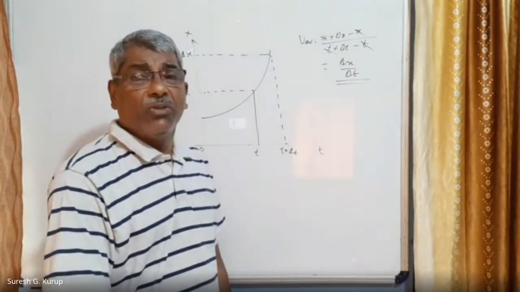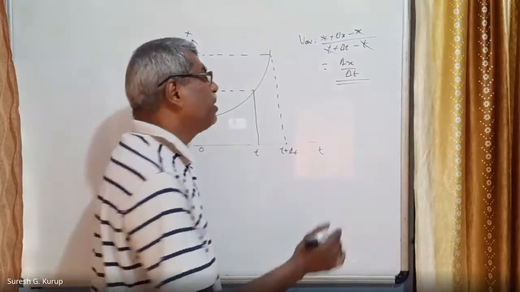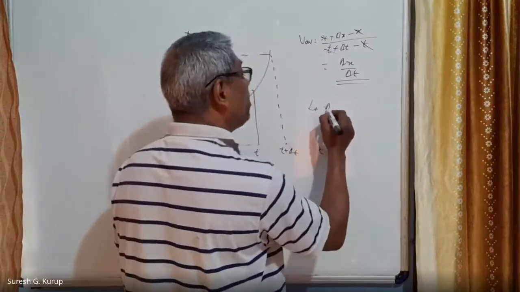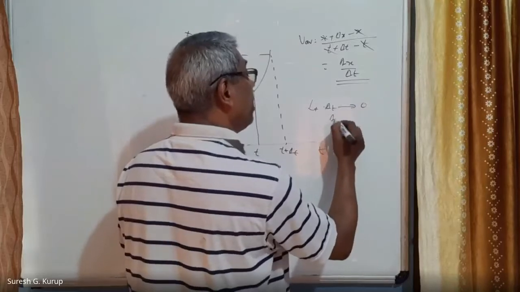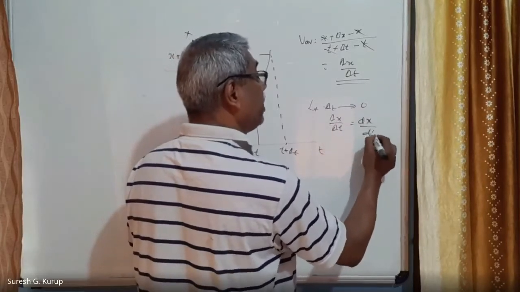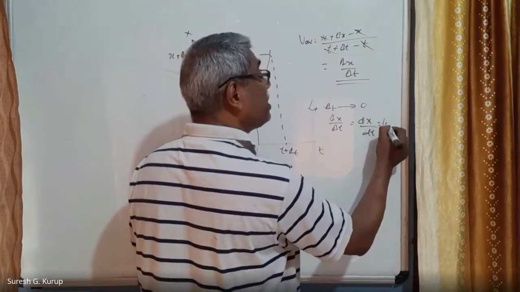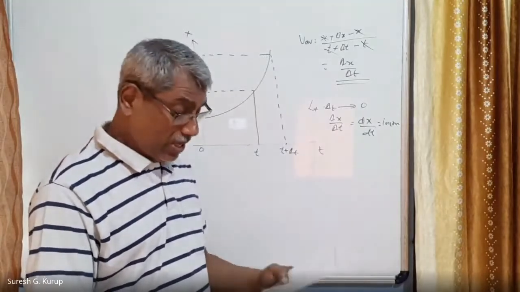This can be converted into instantaneous velocity also, under the condition limit delta t tends to 0. Limit delta t tends to 0 of delta x by delta t is equal to dx by dt. This is what is called instantaneous velocity.